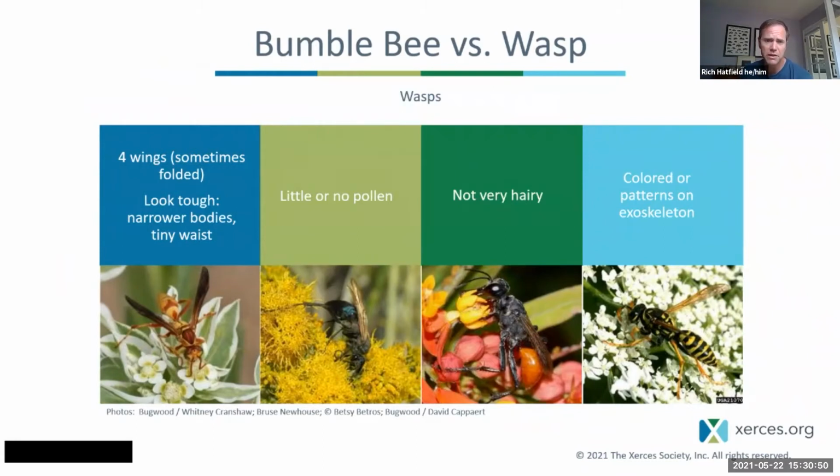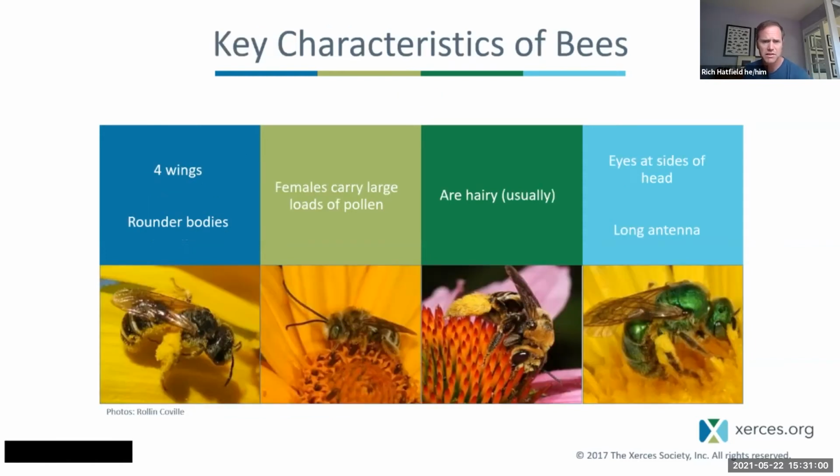But unlike bees, they don't carry pollen. They're not very hairy. They have these colored exoskeletons, and they also tend to have these skinny waists. In comparison, bees are going to have rounder bodies, and they're going to carry pollen. They're usually hairy, or at least somewhere on their body, and they have their eyes on the side of their head.